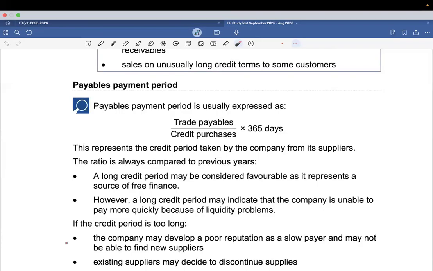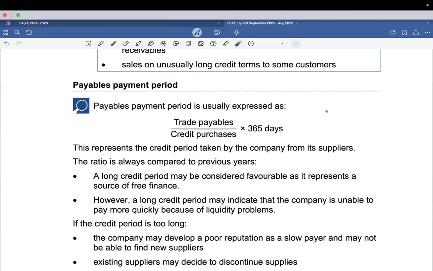Now, in case credit purchase is not given in the question, you're going to take the COS or the purchase alone, or any total purchases. Or if total purchase is given and cash purchase is given, you're going to deduct cash purchase from total purchases in order to get the credit purchase.